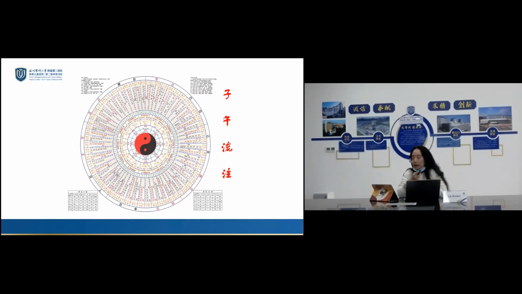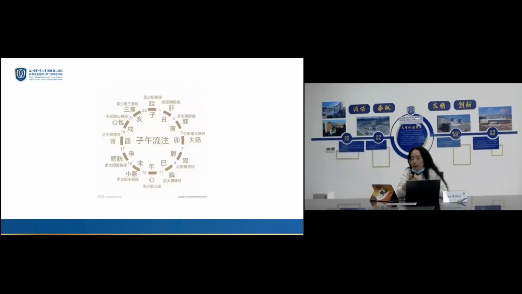So it uses a very unique theory for you to find the flowing qi and choose the different acupoints to open the qi, and then you can achieve a better treatment effect. This seems very complicated, and if we simplify it, it's easy to understand, but in clinical use it's not enough.